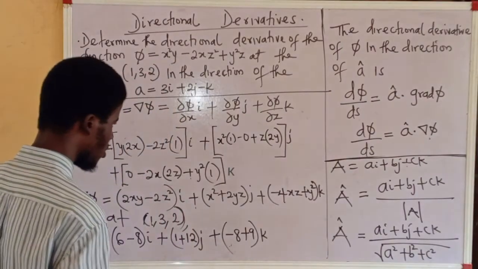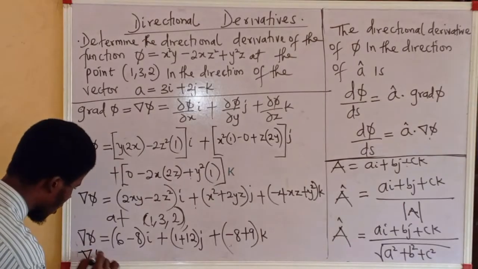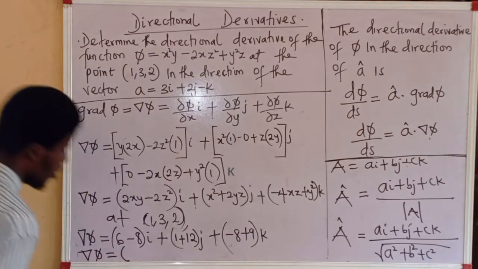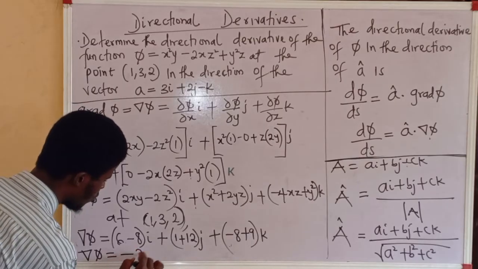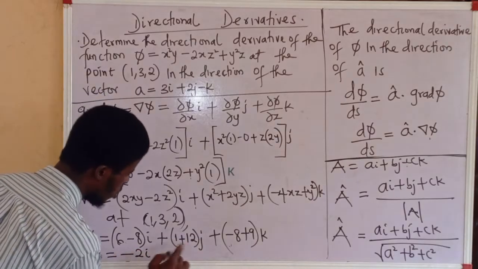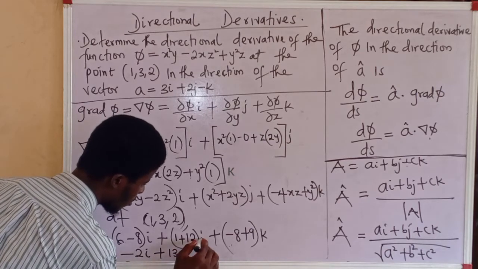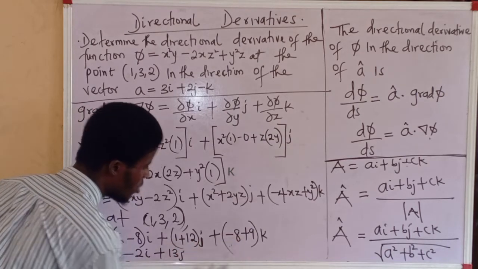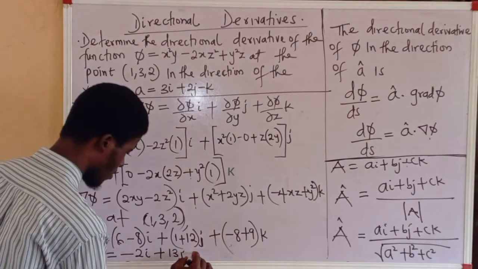So finally, what is grad of phi? The grad of phi will be equal to this. 6 minus 8 is minus 2, so we have minus 2i. 1 plus 12 is 13, 13j. Minus 8 plus 9 is 1, so that's k.